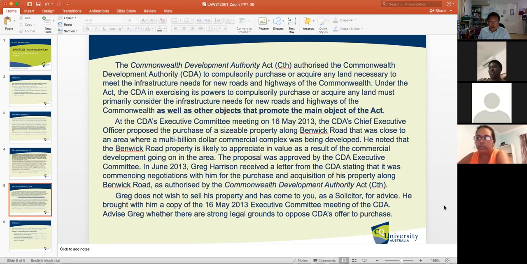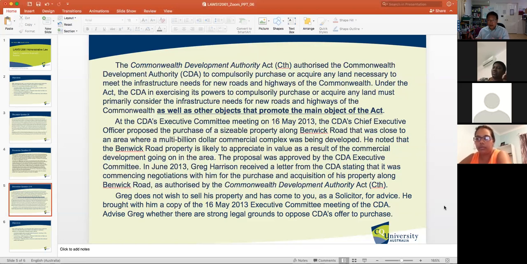As pointed out by Edward, it could be argued that whilst the purchase of the land is not necessary at this time, the fact that it could be made for a speculative or an investment purpose means that at some point the CDA will have a financial windfall, and that financial windfall can then help the CDA later on in acquiring new roads and highways of the Commonwealth, which arguably falls within that other purpose of the Act, which is other objects that promote the main object of the Act.